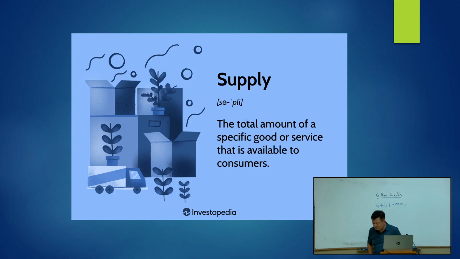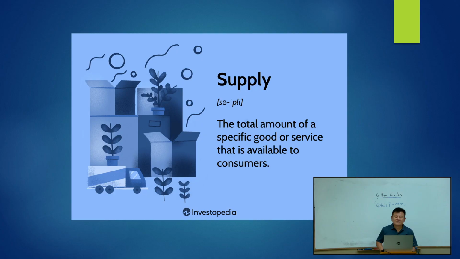What is the meaning of supply? The definition follows in the picture. The total amount of specific goods or services that is available to consumers. This is supply.